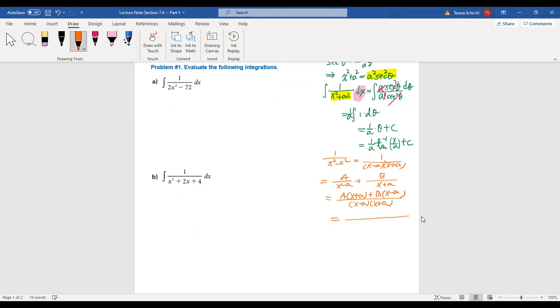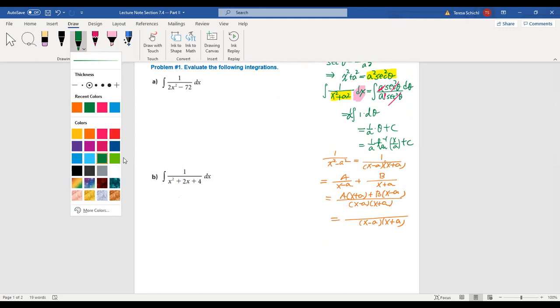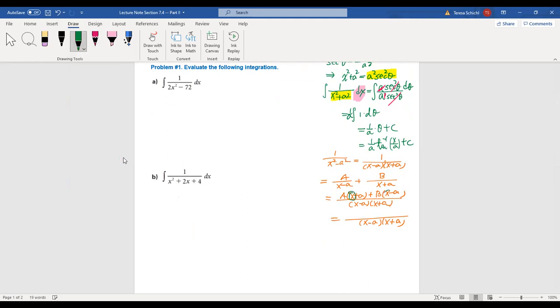Then just like we did before, the algebra is not too bad. Okay, so this is the x terms here. So what is the x term? We have A plus B times x.